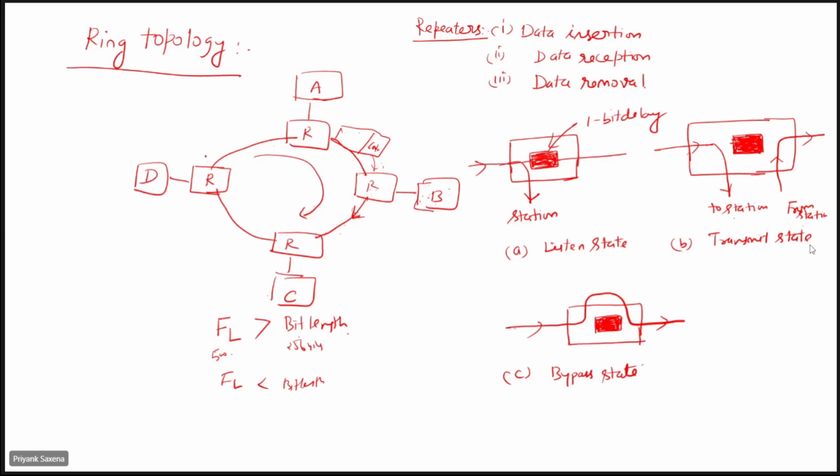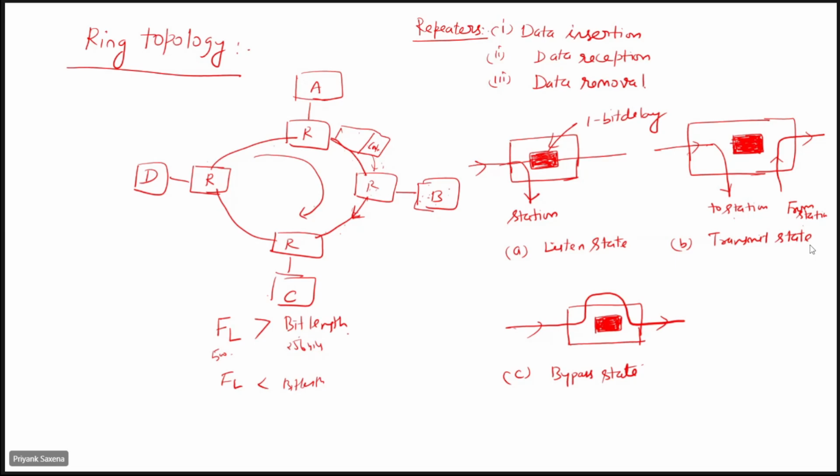Then after some time, it will receive the first leading bit of the frame, right? So it depends on the bit length and the frame length, right? This is a very important thing when we discuss the MAC protocols.